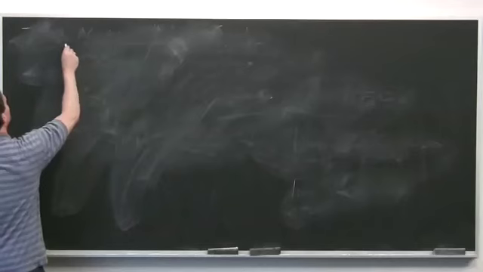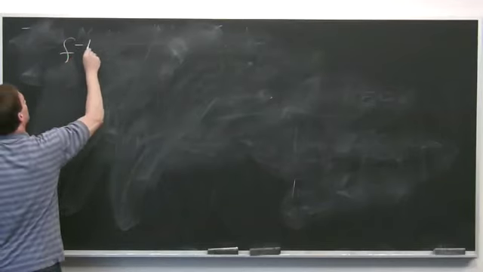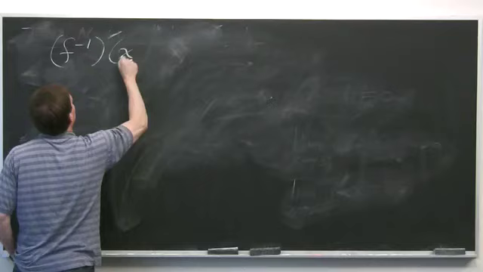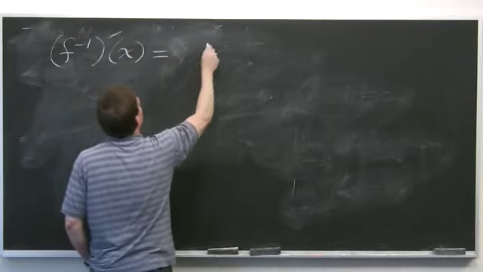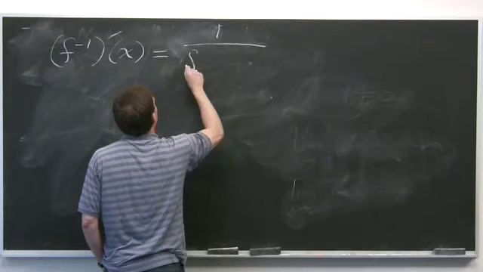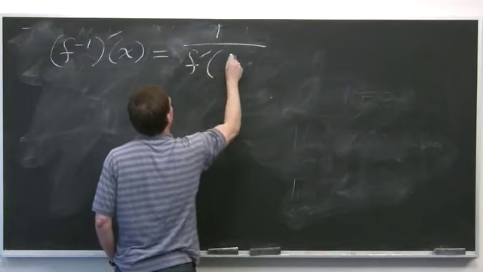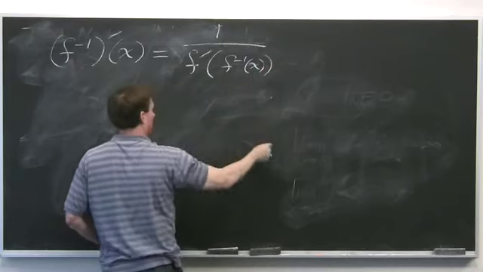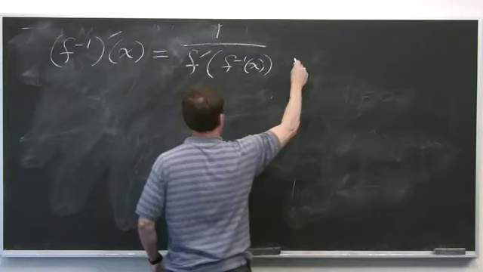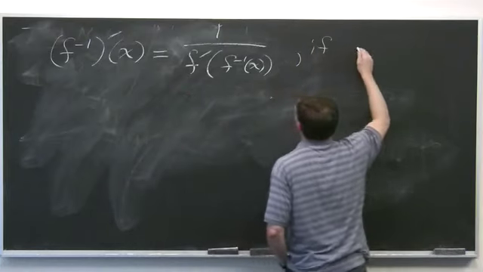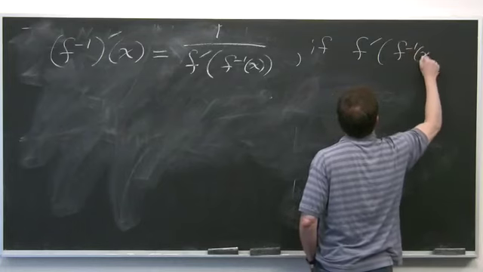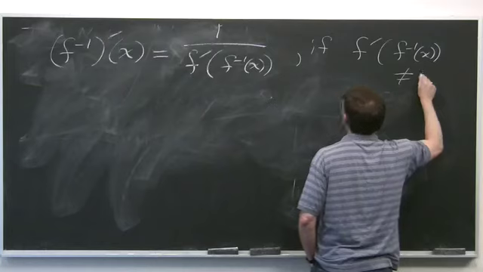We had a formula that said the derivative of f inverse of x is 1 over the derivative of f applied to f inverse of x, assuming that this denominator is not 0. So if f prime of f inverse of x is unequal to 0.